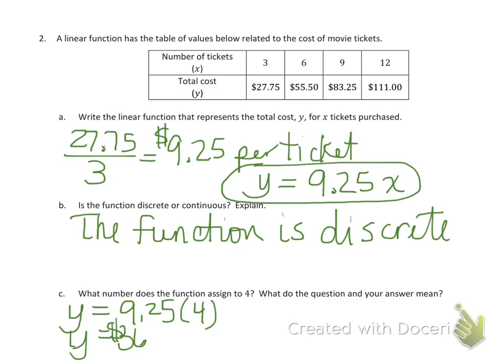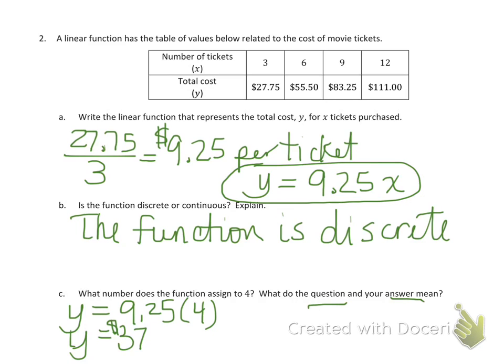Okay, or not 36, that's actually 36 plus 1, that's 37. 4 times 9 is 36 plus the extra dollar. So $37 for 4 tickets. So what do the question and your answer mean? And you have room to write this. I don't, so you can write something on that.